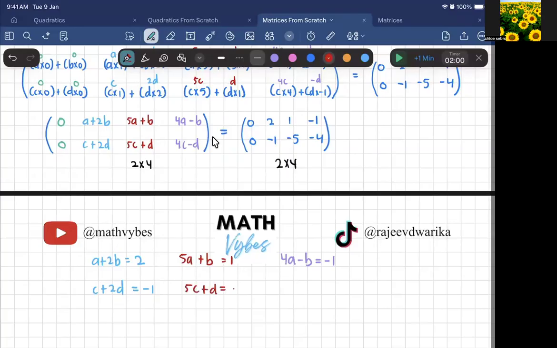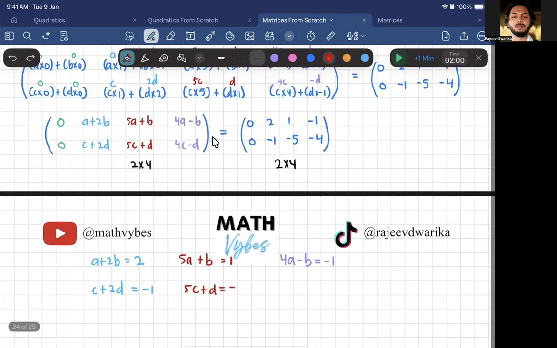Negative 5. Joshua, tell me, what is 4C minus D equal to? Yeah, what is that equal to? Look at how we came up with all the other equations and tried to figure out what 4C minus D is equal to.